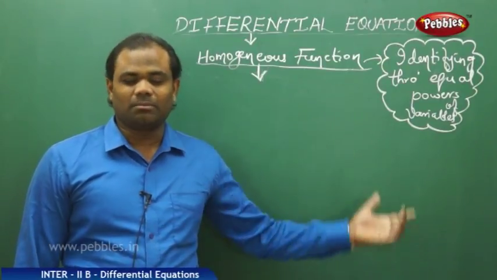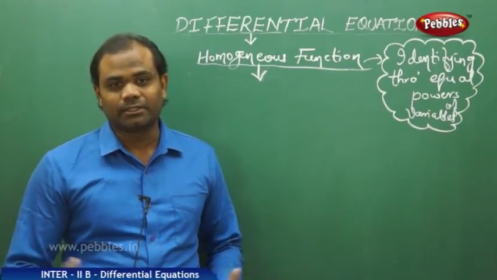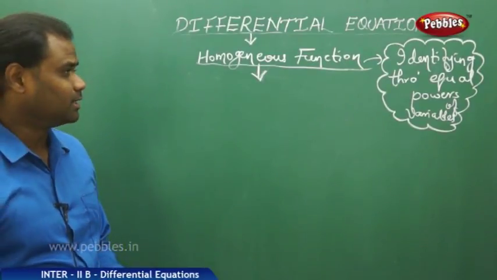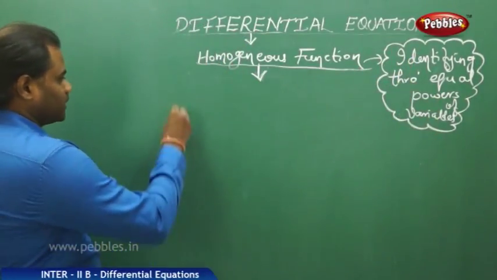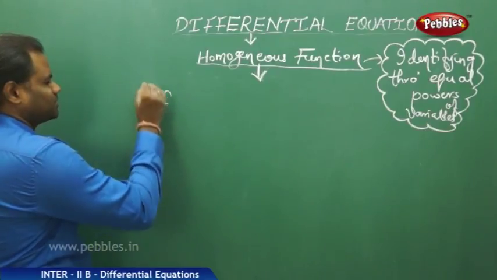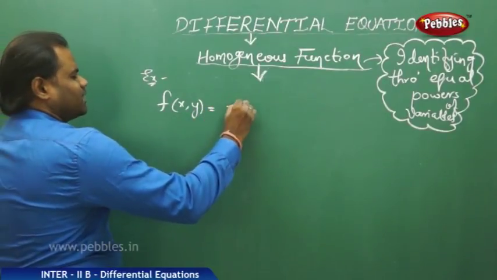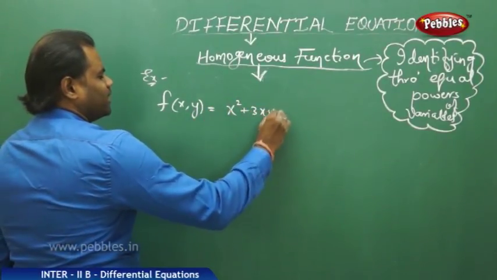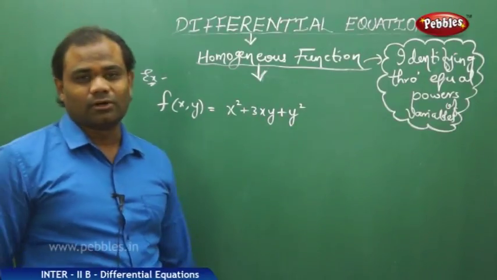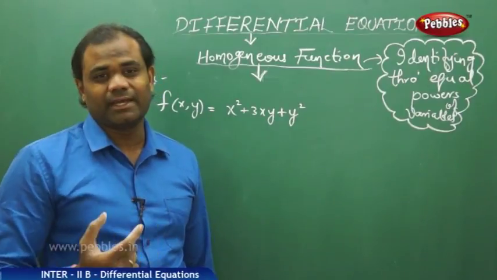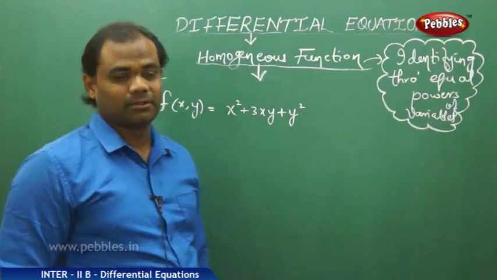Now that we have discussed homogeneous functions using the test for homogeneity, the other alternative method through which we can test for homogeneity is identifying through equal powers of variables. Say for example, I have the function f of xy is x square plus 3xy plus y square. Then, instead of calculating through f of kx and ky, I can directly test for homogeneity through equal powers of variables.